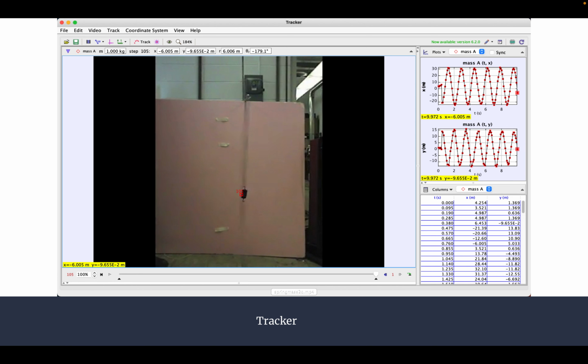So here you can see in Tracker, we track the position and time of the object attached to the spring oscillating. And there on the right, we can see the X positions and the Y positions according to the time. And here are all the values.